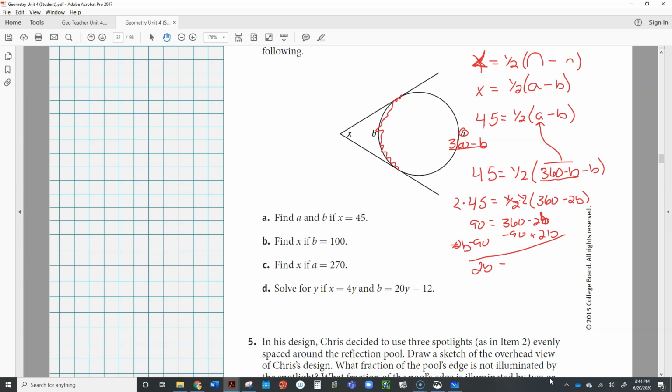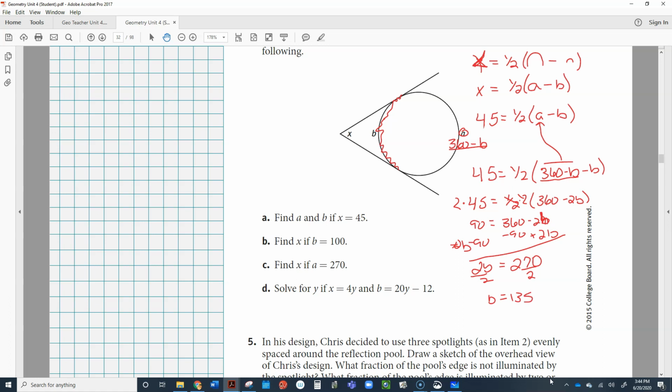And so I'm going to have 2B over here, and 360 minus 90, I believe, is 270. And then divide both sides by 2, and B is equal to 270 divided by 2, which is 135.